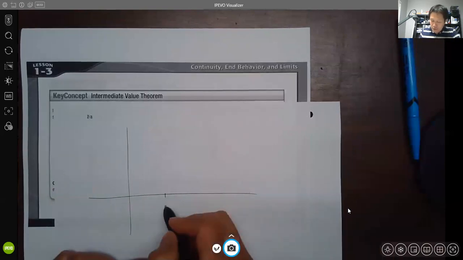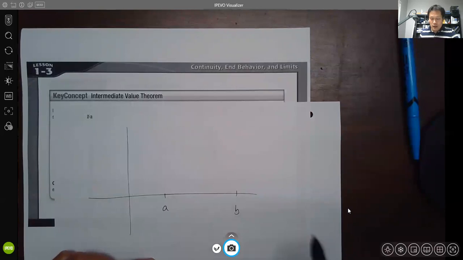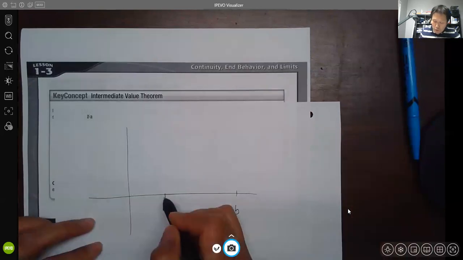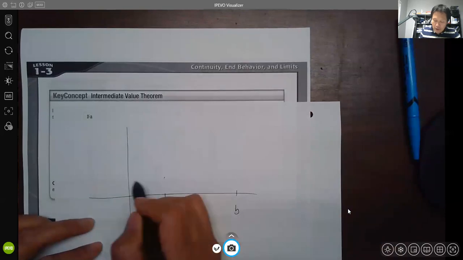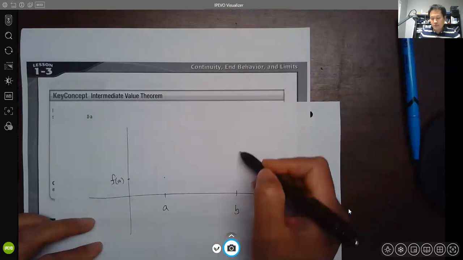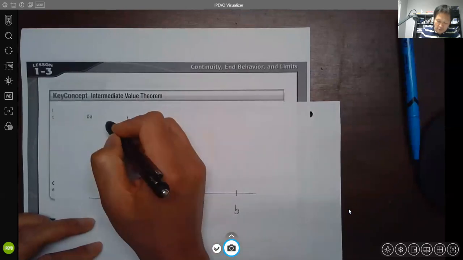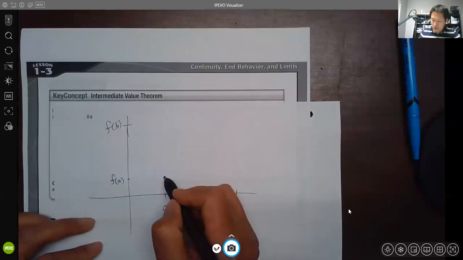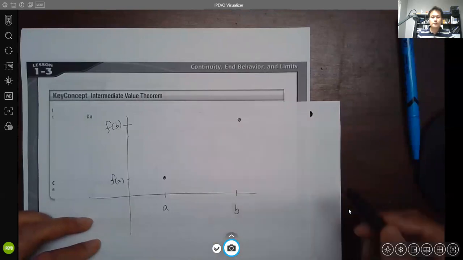There would be some matching value of a on our graph, whatever the matching value f of a, and the matching value of b, whatever f of b. So there's a point here, there's a point here.